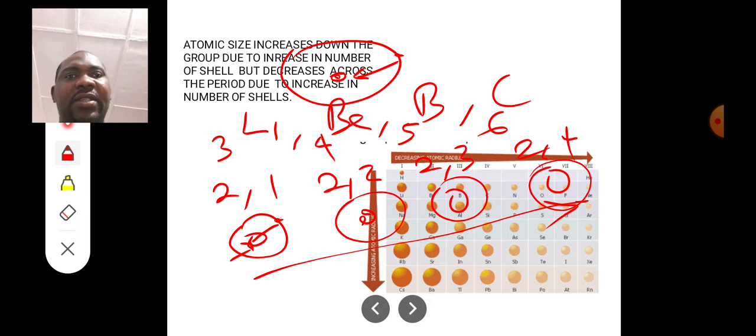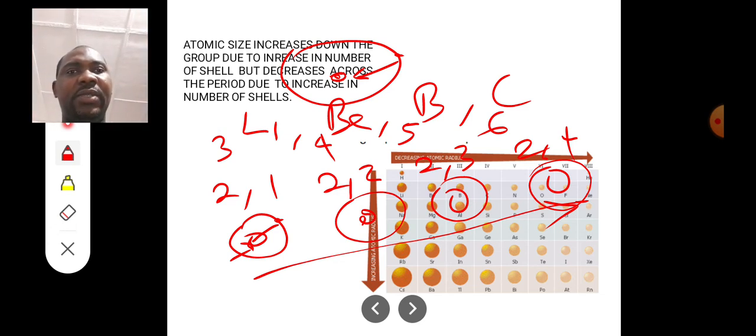As atomic number increases, that nuclear attraction increases, causing it to reduce in size. So elements in the same period reduce in size as you go across the period because the nuclear charge increases. Once there is an increase in nuclear charge, the atomic size will get smaller.